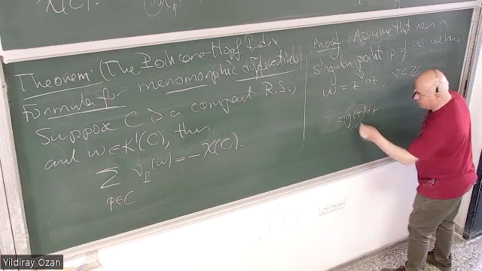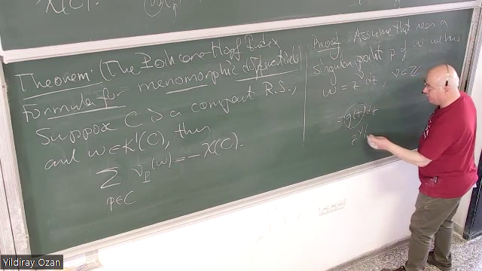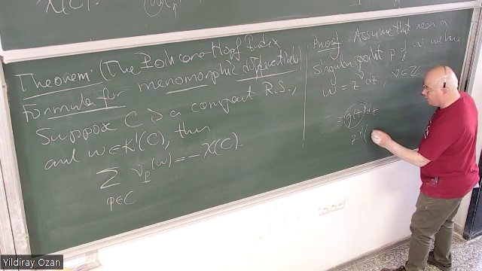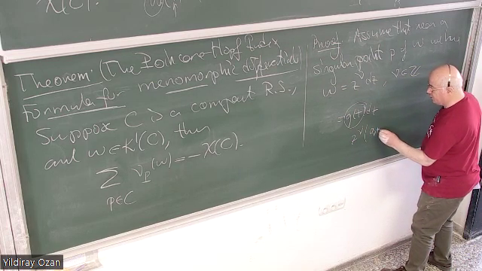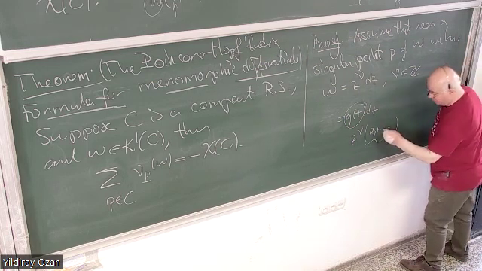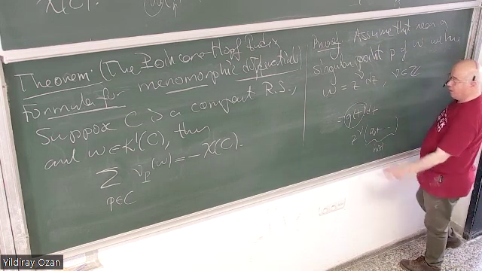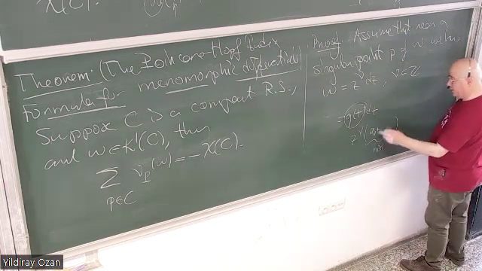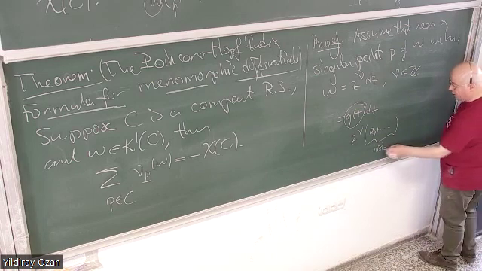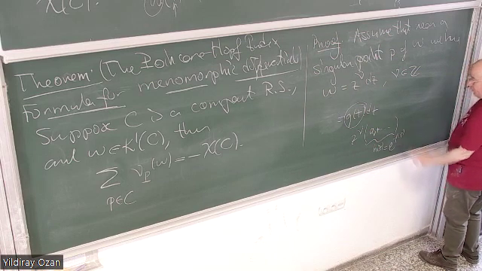Pole means what? This thing is written like z to the power nu and then some a0 plus something like this, and this is an analytic function, and it is not 0. Since it is analytic and not 0, I can write this as e to the power f of z.